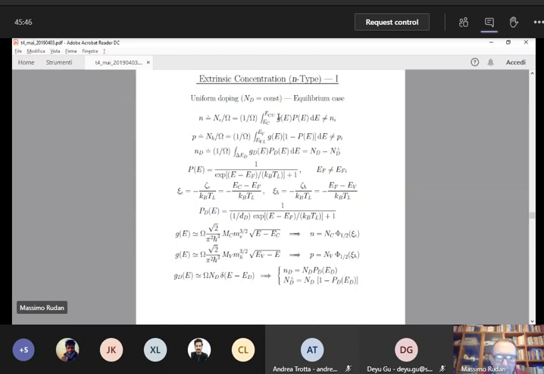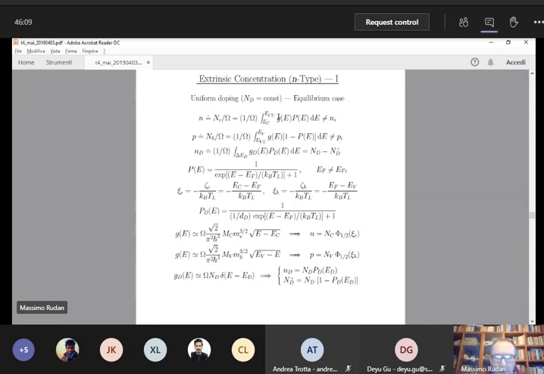Of course, the numbers will be different. So if you skip one line, you see that the density of states Ge of the conduction band is just the same as in the intrinsic case.